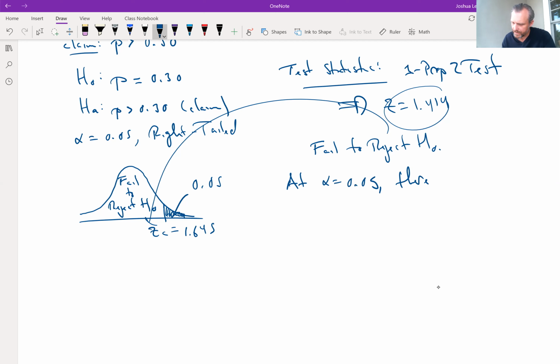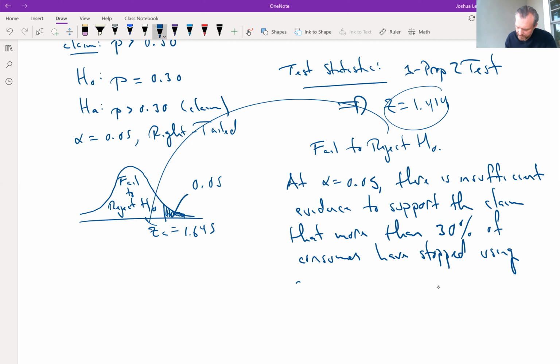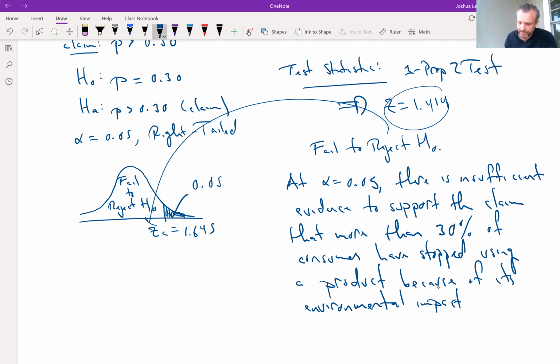So at alpha equals 0.05, there is insufficient evidence to support the claim that more than 30% of consumers have stopped using a product because of its environmental impact.